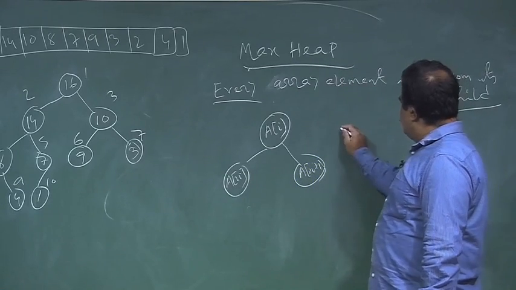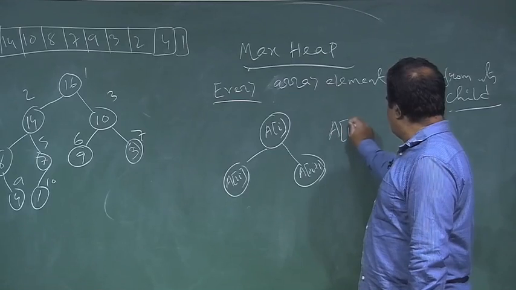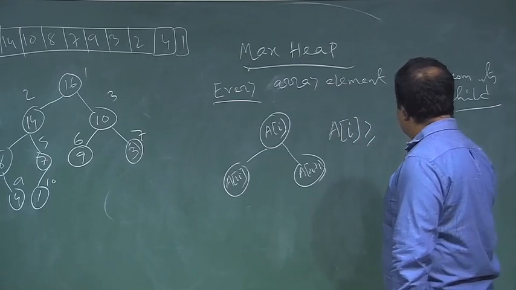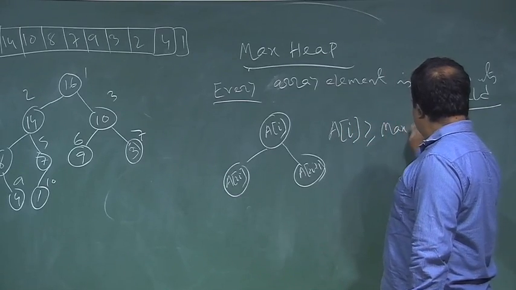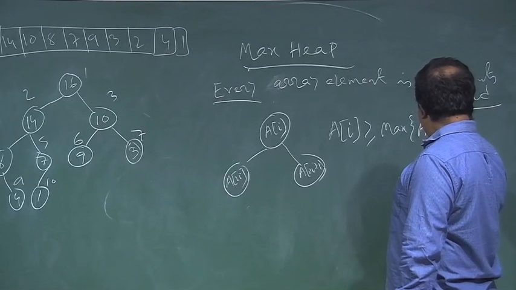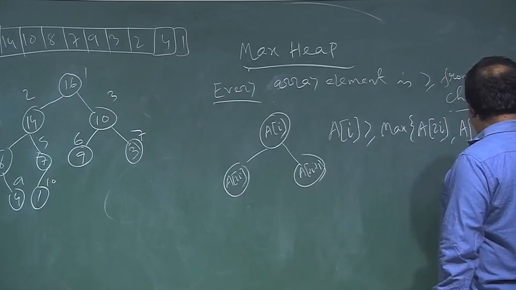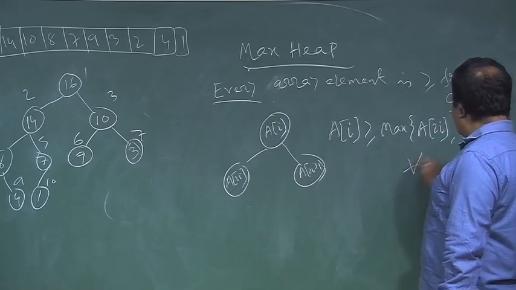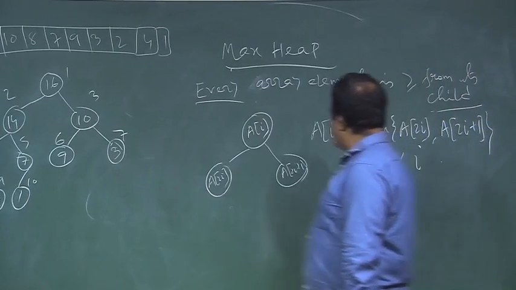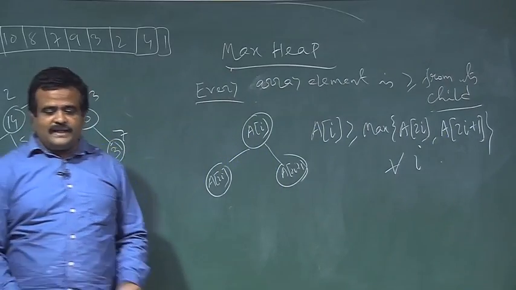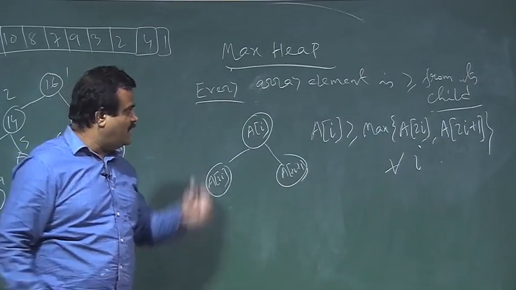That means A[i] is greater than or equal to the maximum of A[2i] and A[2i+1] for all i.